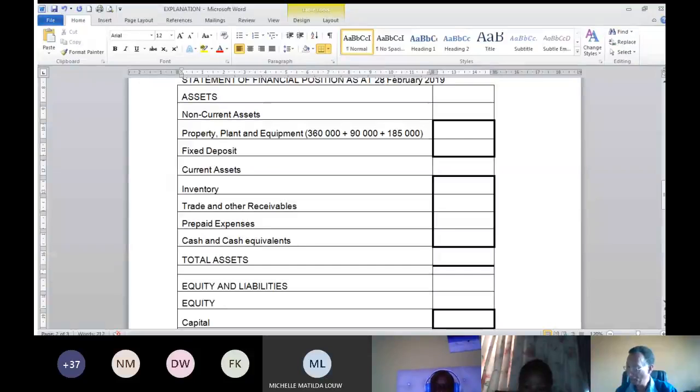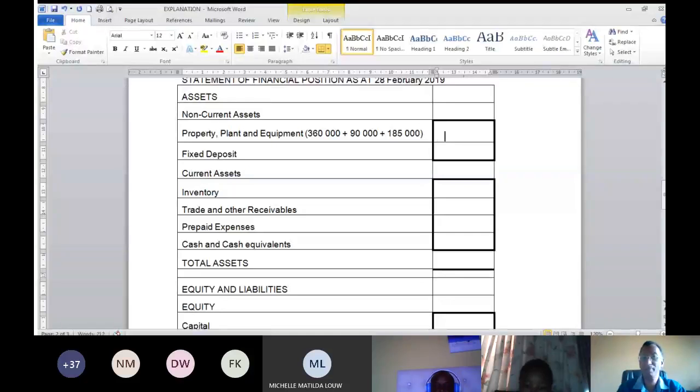So I will take now the 360,000 plus the 90,000 plus the 185,000, and that will give me property, plant, and equipment. And my property, plant, and equipment, guys, is the amount of 635,000.